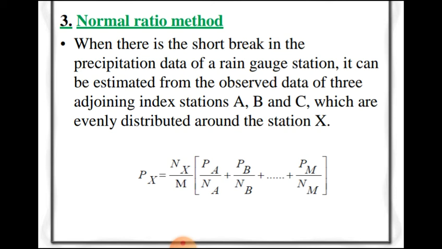So we plot the double mass curve, which is accumulated precipitation at the 5 or 10 nearby stations on the x-axis, versus accumulated precipitation at the station where we want to check consistency.